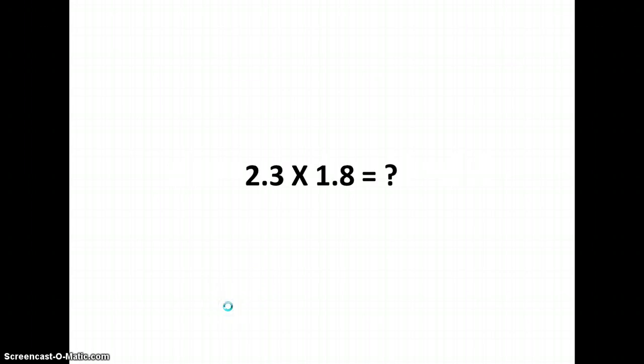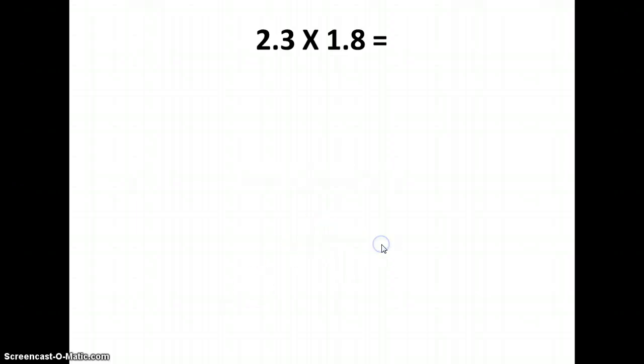Our next problem is a multiplication of decimals. It is 2 3/10 times 1 8/10. So we are going to solve this problem by using the FOIL method. We need to find the expanded form of this.